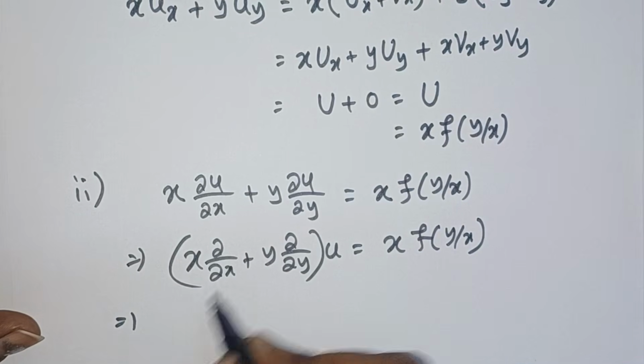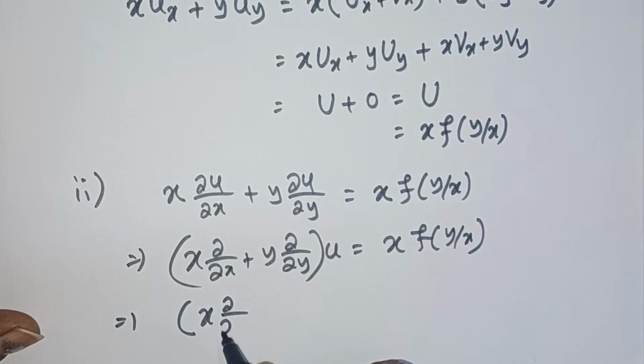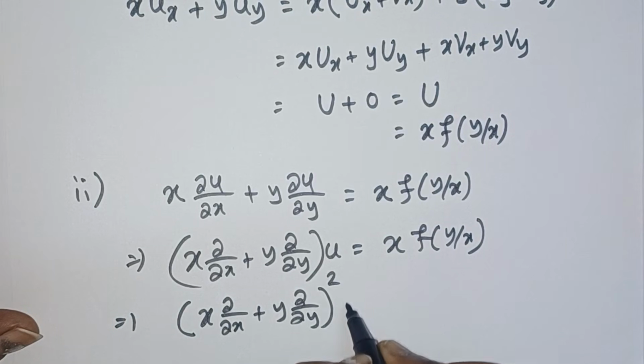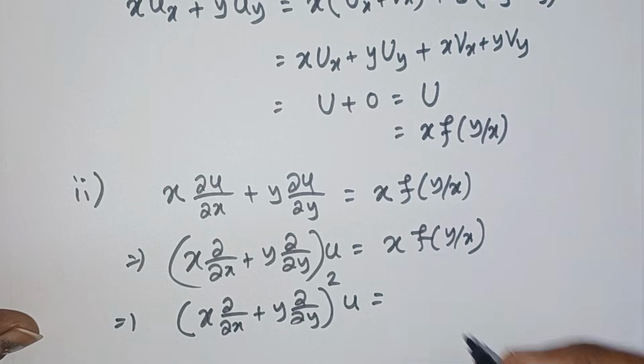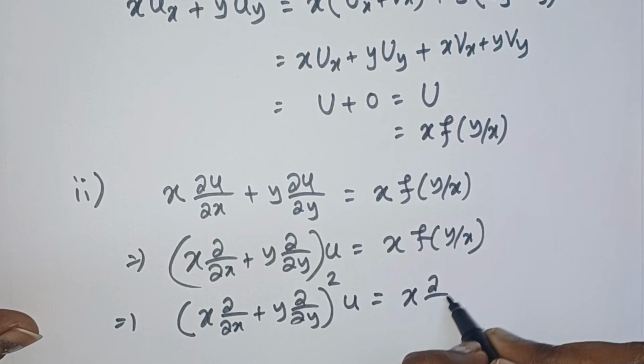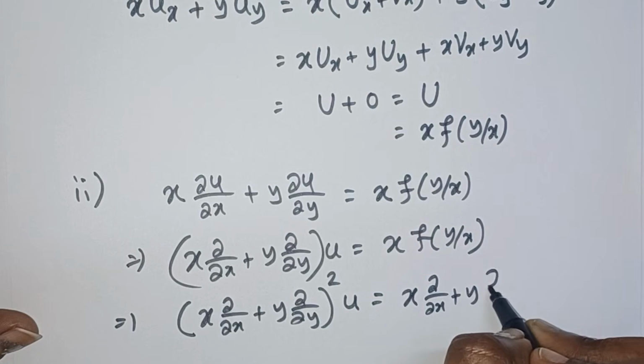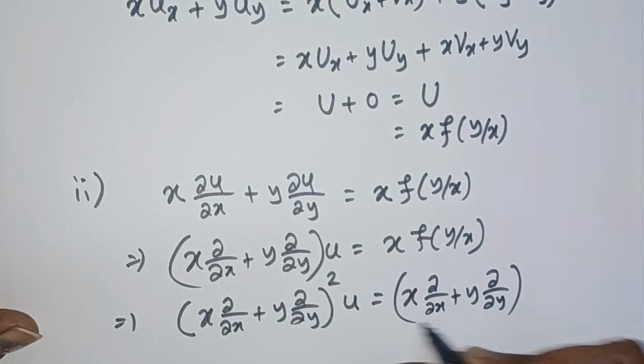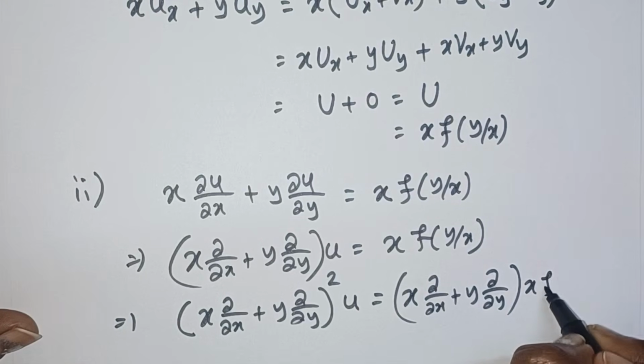Now if we apply this same operator again, then (x ∂/∂x plus y ∂/∂y) applied to u equals (x ∂/∂x plus y ∂/∂y) applied to x f of y by x.